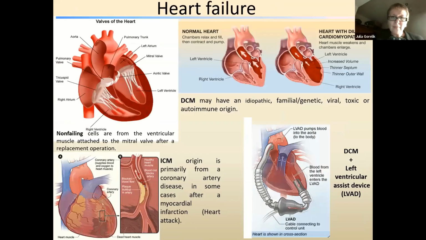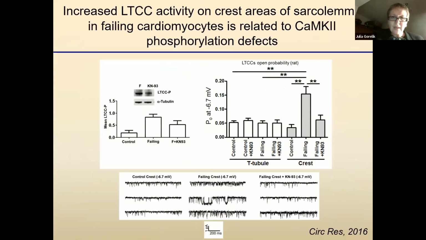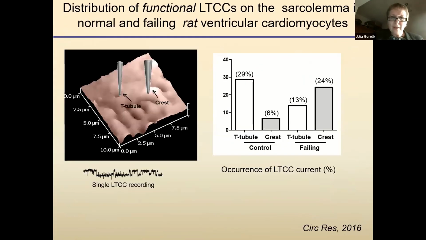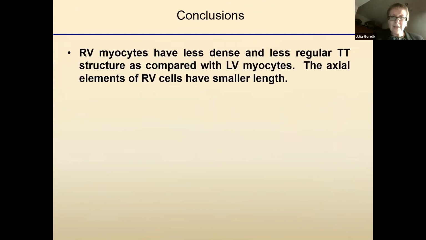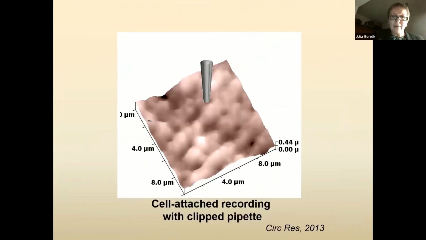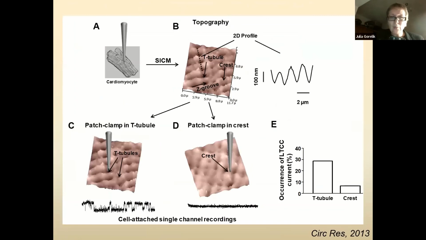Here we have the cell with the topographical image, and we try to patch with this already clipped pipette. When we can cover the T-tubules, we try to patch in two different directions, in the crest and in the T-tubules.